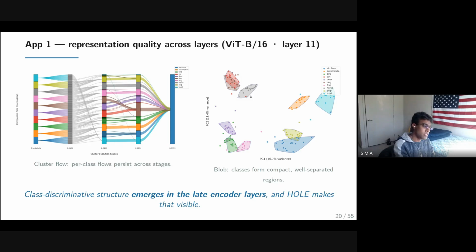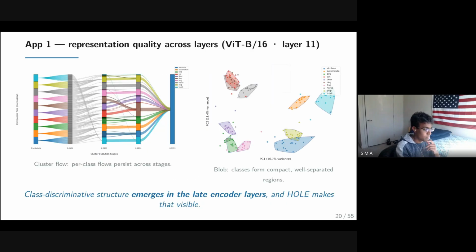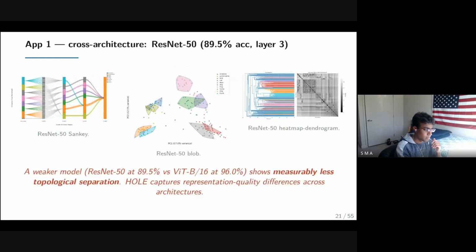So these clusters are being formed in the full rank space, not the low dimensional space, which is amazing. The model is able to cluster these data points together, and you can see that in the blob visualization here. There are definitely some outliers, but compared to layer 9, where it's all just noisy, you can still see the clusters.